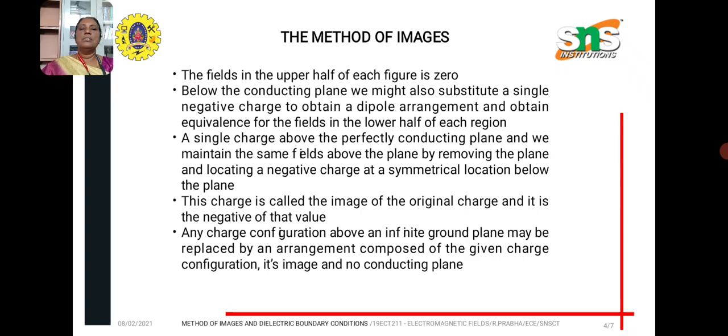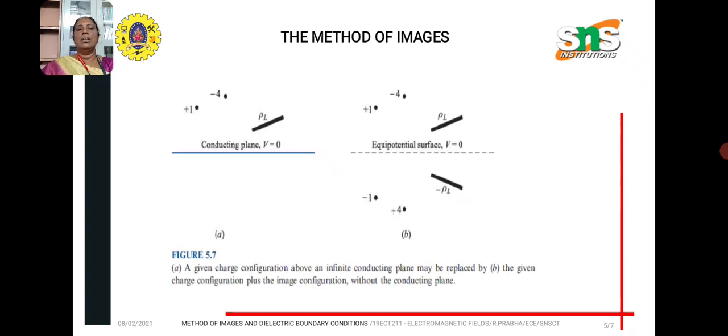This charge is called the image of the original charge and is the negative of that value. So, any charge configuration above an infinite ground plane may be replaced by an arrangement composed of the given charge configuration, its image, and no conducting plane.